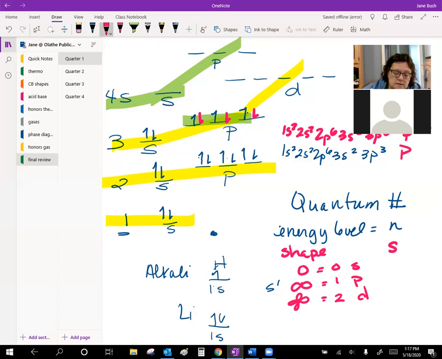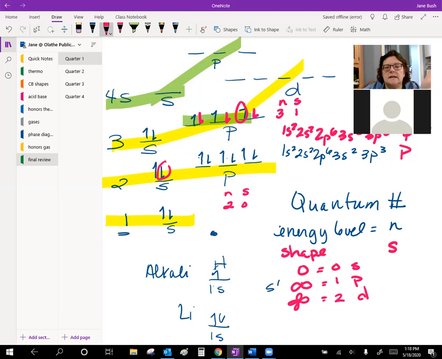So if I wanted to talk about this particular electron, it's in the 2nd energy level, so its n number is 2, and it's in an s orbital, so its l number is 0. If I want to talk about that one, it's in the 3rd level, and its l number is a 1.